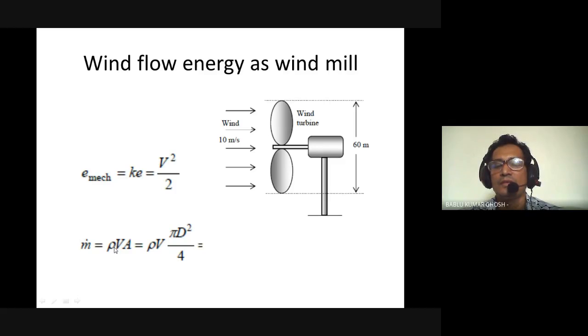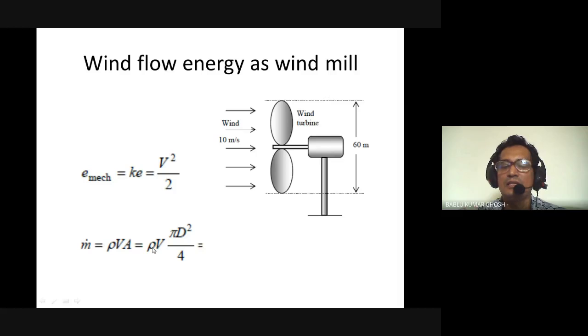Volume is cross section area and length. But whenever you write the mass flow, that means here is a time derivative, mass per unit time. So it should be density, cross section area, then length divided by time, that is the velocity. That means density, velocity and cross section area.